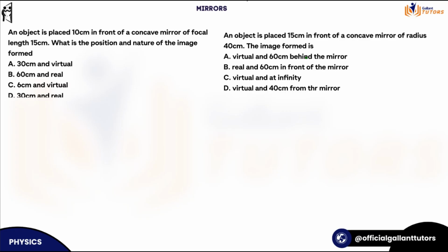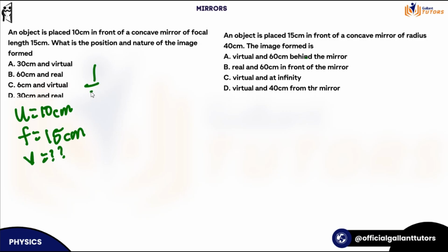Now, concave mirror, we should know that F is always positive, except in some cases where V will be negative. But most times it's usually positive. So object distance U is equal to 10 centimeters. Focal length is equal to 15 centimeters. We don't know what V is.